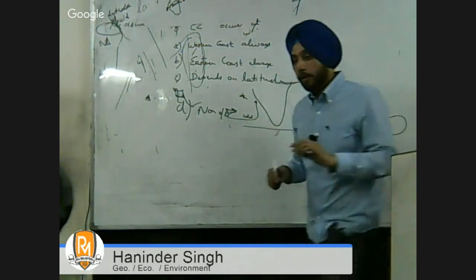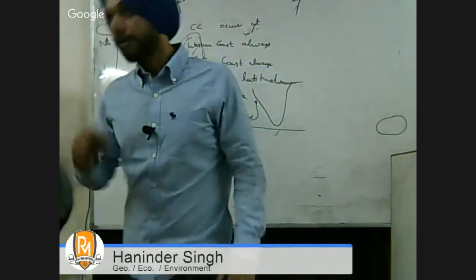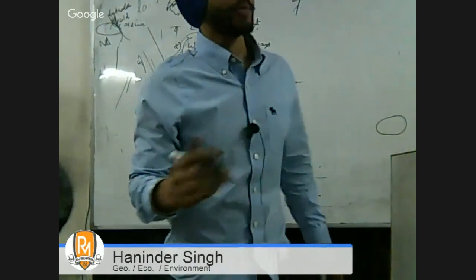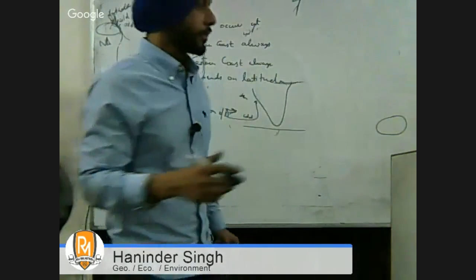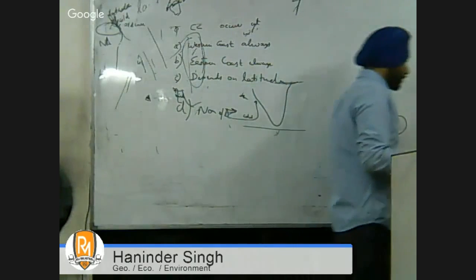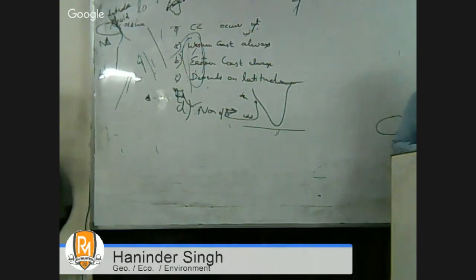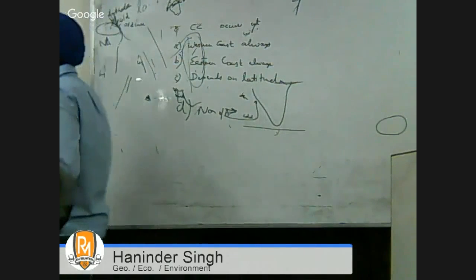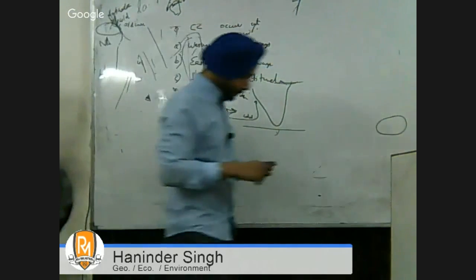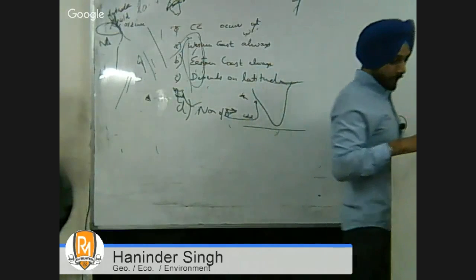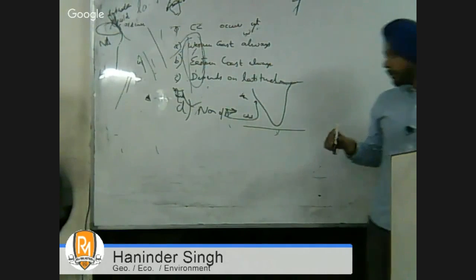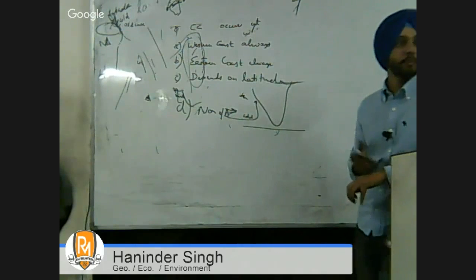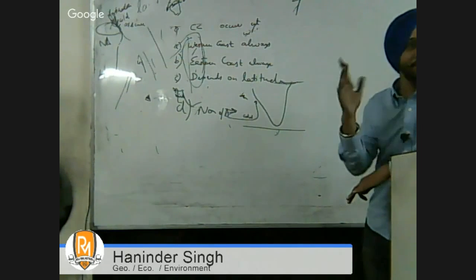Next, look, whenever there is mixing of hot and cold currents, write in brackets best fishing grounds.